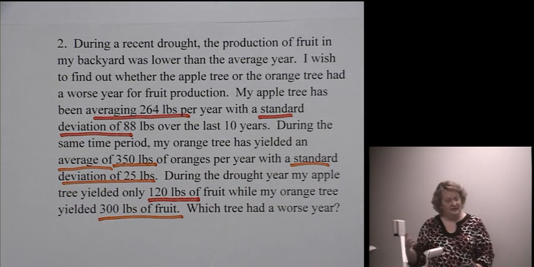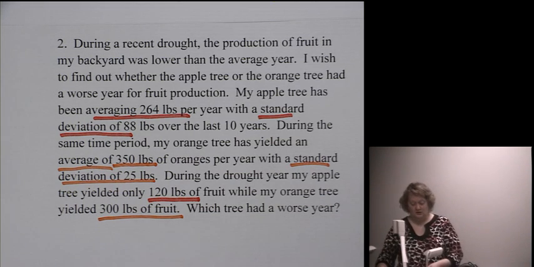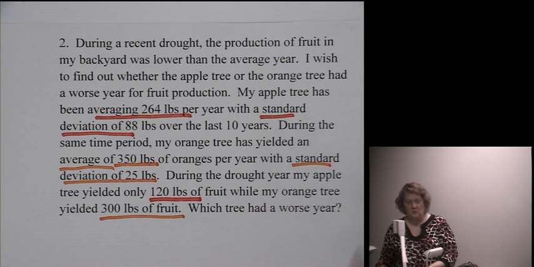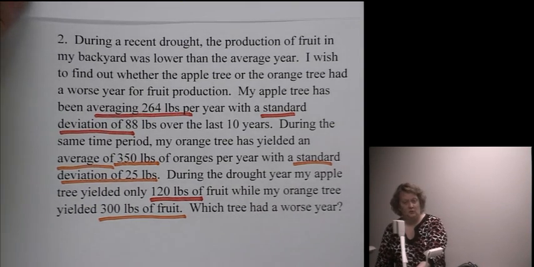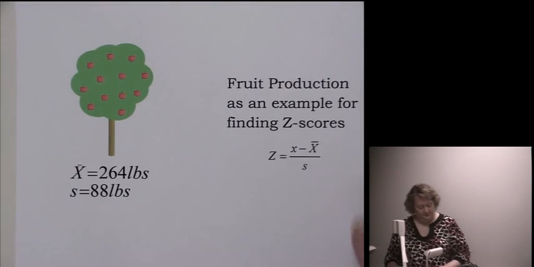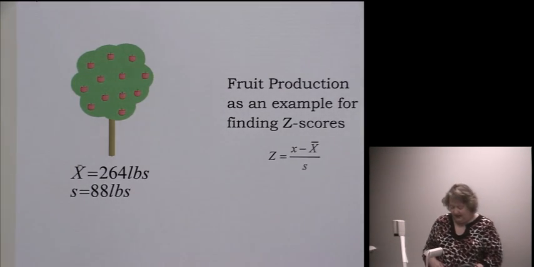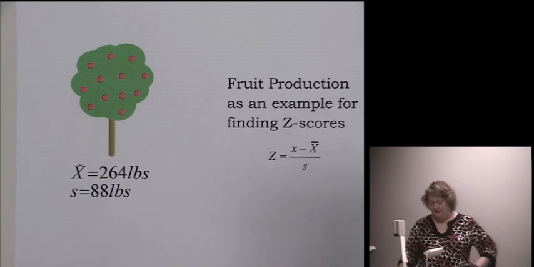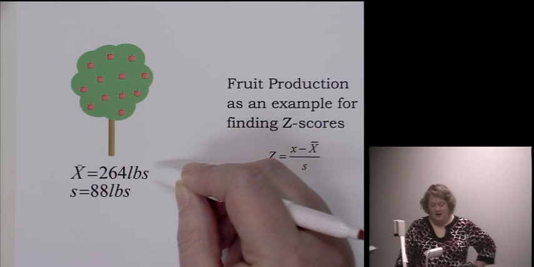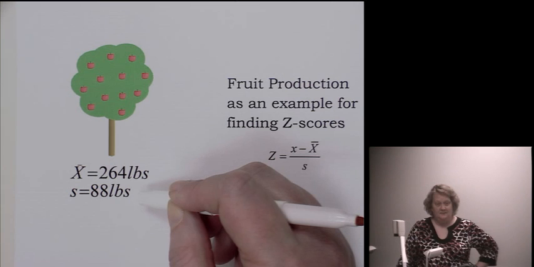Now I'm going to transfer this over to a worksheet. But if you were doing this problem for real, you could just put that information down into two separate little areas to work your problem. I'm going to transfer this over to my apple tree. So there's my apple tree, and it had a mean of 264, a standard deviation of 88 pounds.